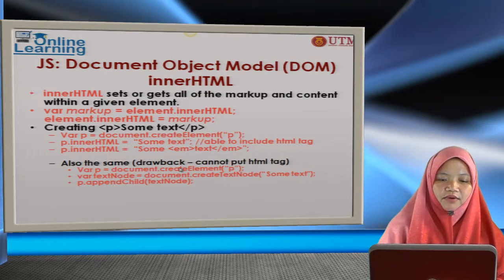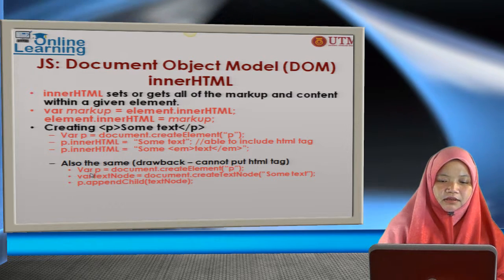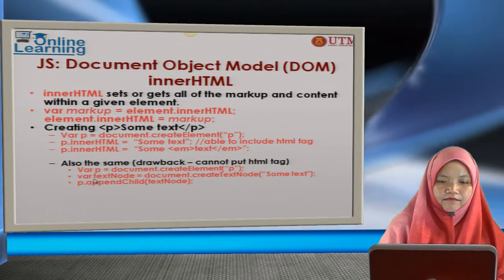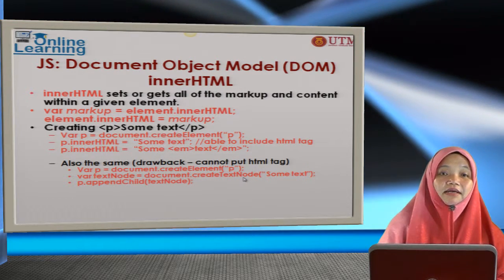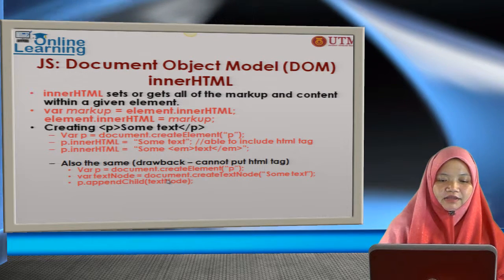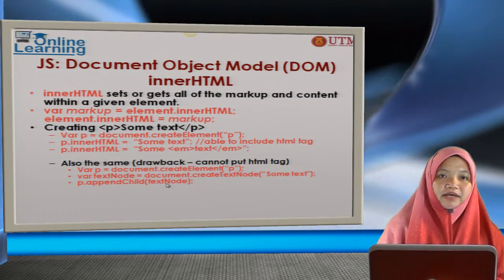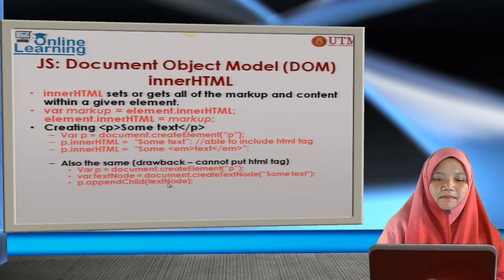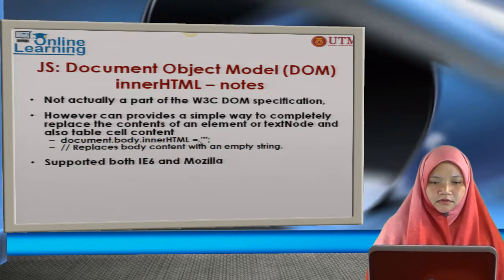So this is the way you apply it. For example, here the difference is a variable textNode with document.createTextNode, and then another one is p.appendChild for the text node. So you can see here the way you should apply it using innerHTML.